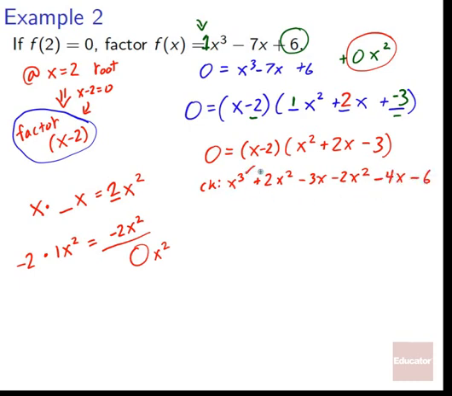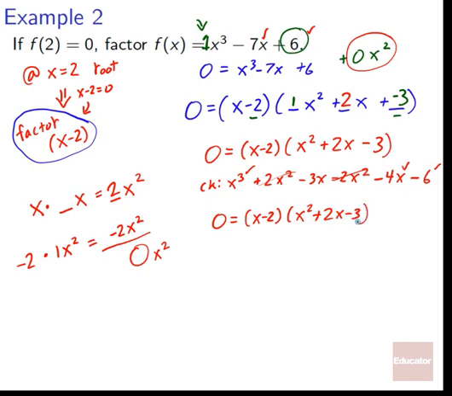X cubed, that checks out. 2x squared minus 2x squared, those knock each other out, that checks out. Minus 3x minus 4x, that becomes minus 7x, so that checks out. Minus 6, that checks out as well. Great, so we've got a correct thing. So 0 equals x minus 2 times x squared plus 2x minus 3 is correct.